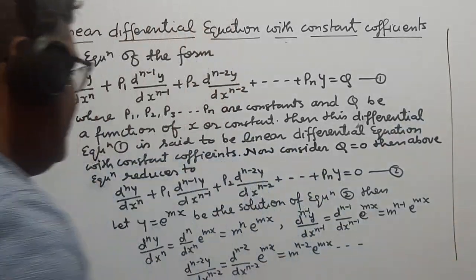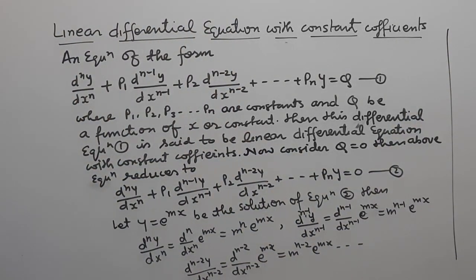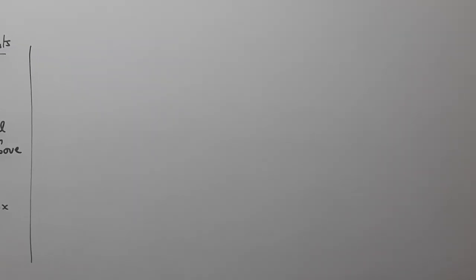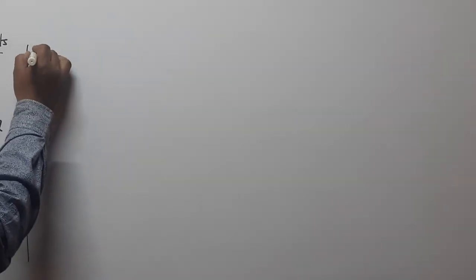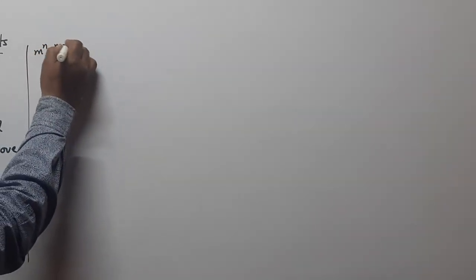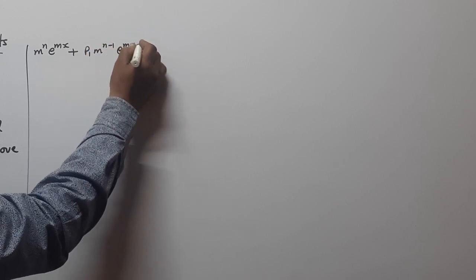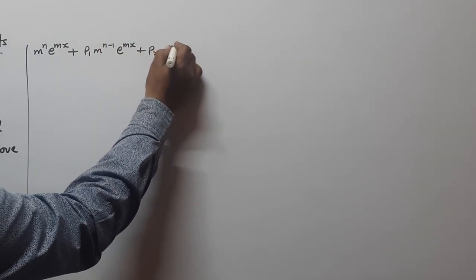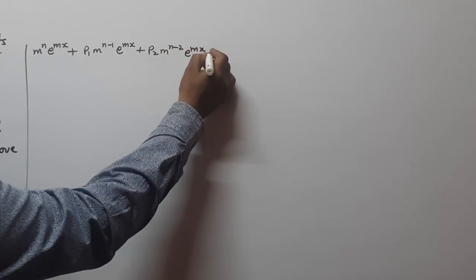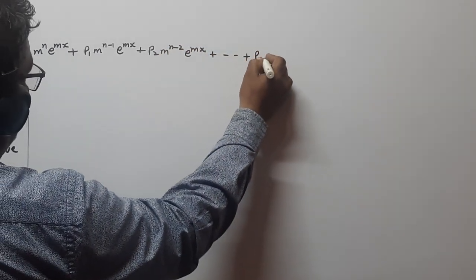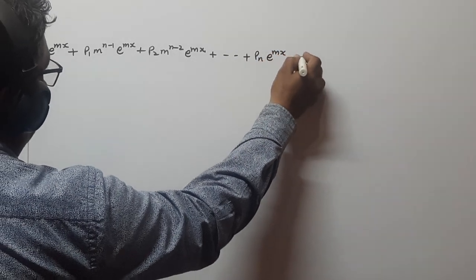If we put y equal to e to the power mx in equation second, we get m to the power n e to the power mx plus p1 m to the power n minus 1 e to the power mx plus p2 m to the power n minus 2 e to the power mx plus and so on pn e to the power mx is equal to 0.